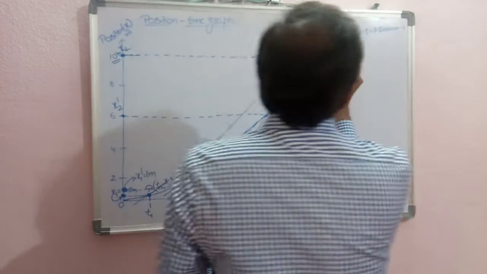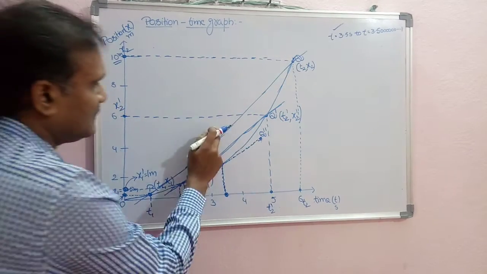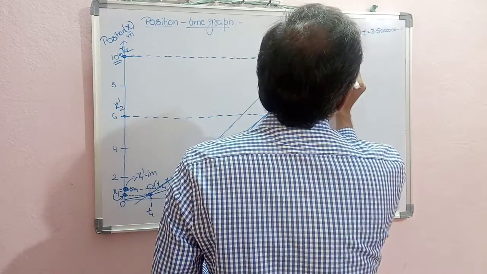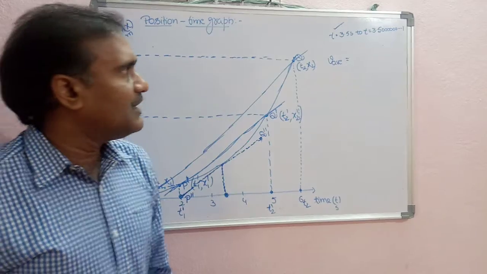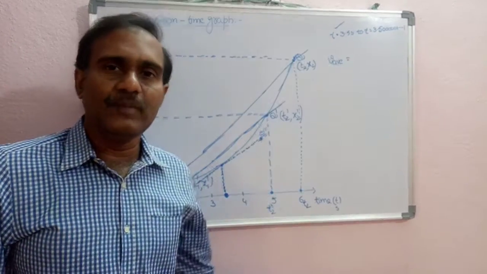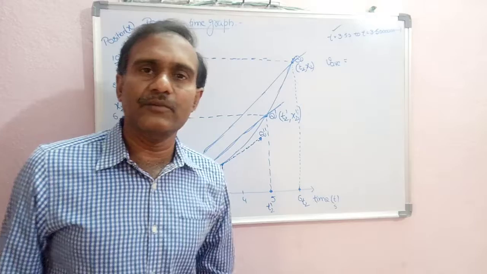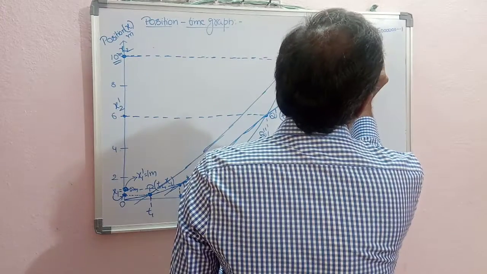With respect to these two lines, what is the formula for the average speed or average velocity? Change in x coordinates divided by change in time.